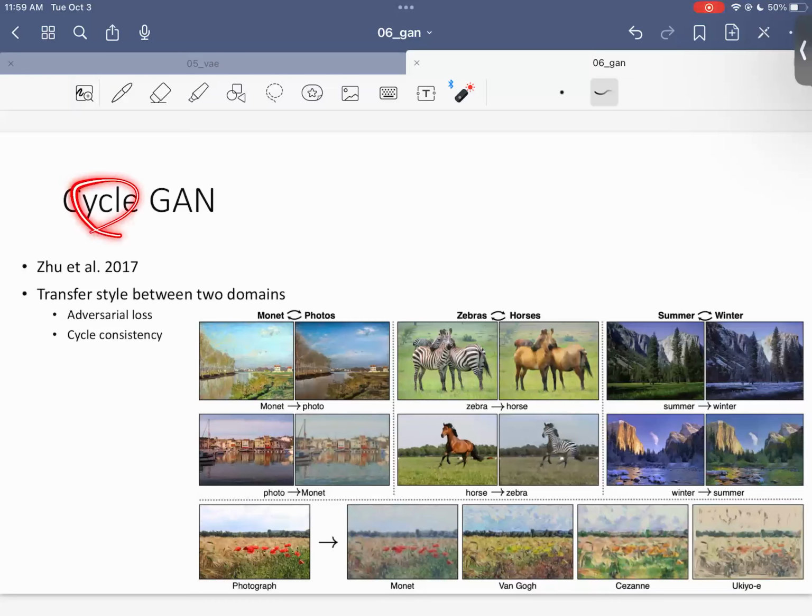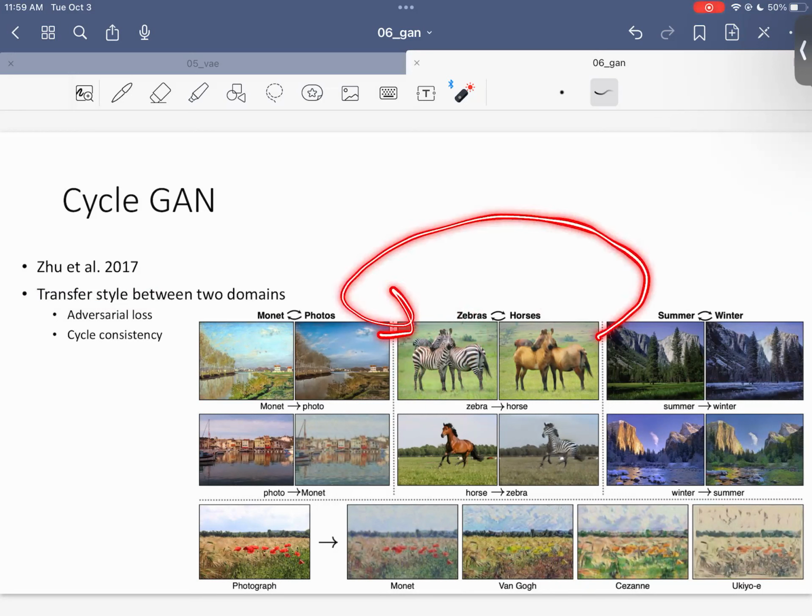CycleGAN is the same. It has a very interesting setup. It's a style transfer. And obviously there's adversarial loss, meaning the GAN loss, but there's also cycle consistency. So you have a zebra and you want it to be a brown horse. What you do is you have a generator that takes the zebra image and generates the brown horse, and then there's a backward path that goes back to the zebra, and you want this to give you the original zebra.